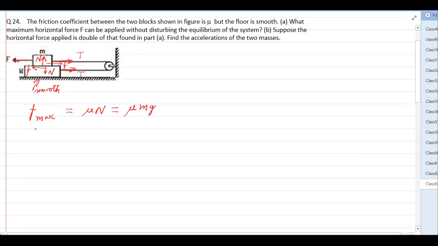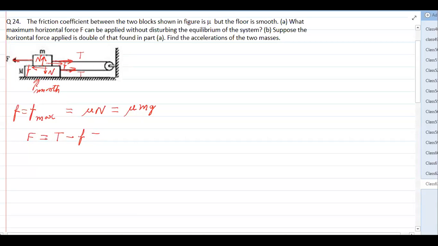Now if you write the equation: F leftward minus tension rightward minus friction equal to zero, because we just have to balance the forces.